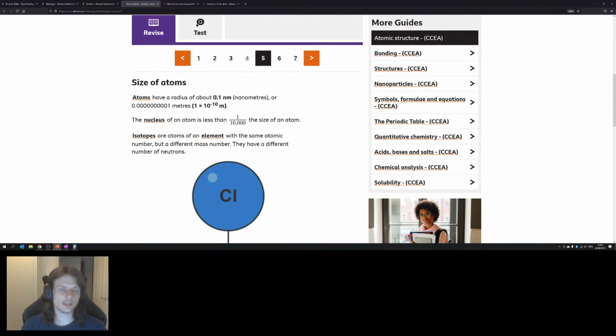Atoms have a radius of about 0.1 nanometers, or 1 part in 10 to the minus 10 meters.